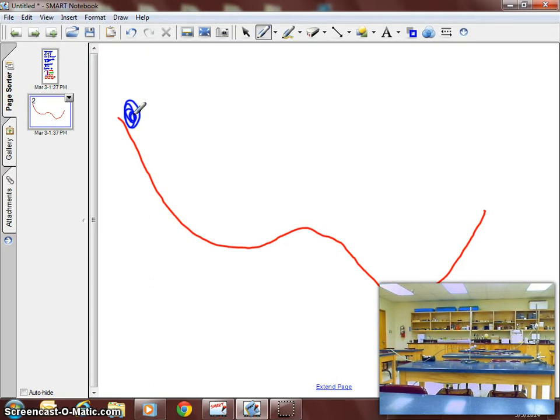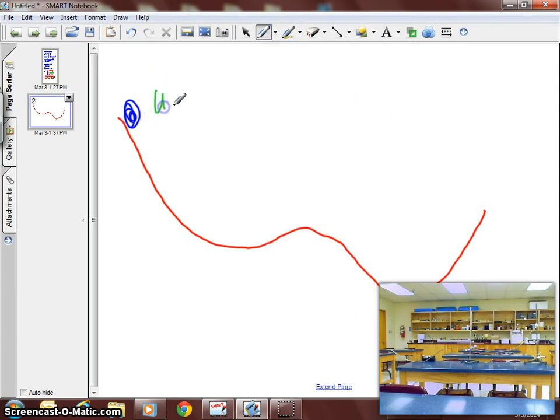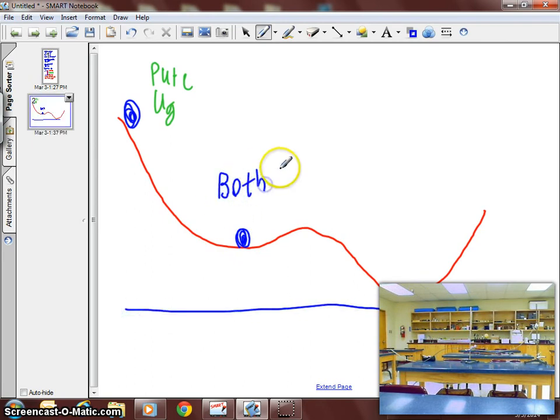So with the demonstration, you can see the transformation of mechanical energy. Here we have pure gravitational potential energy. Then when the ball is down in this first little dip, we have both kinetic energy.